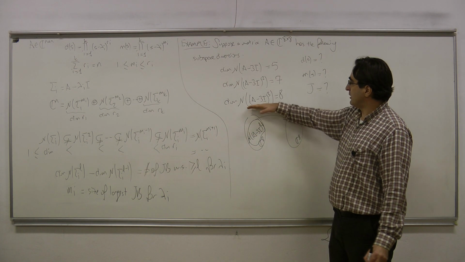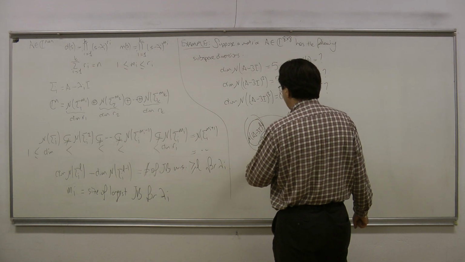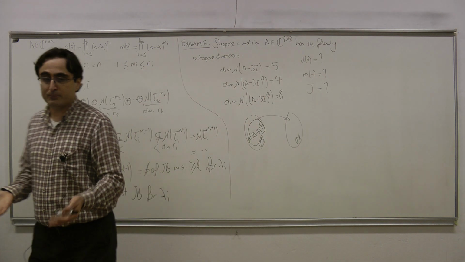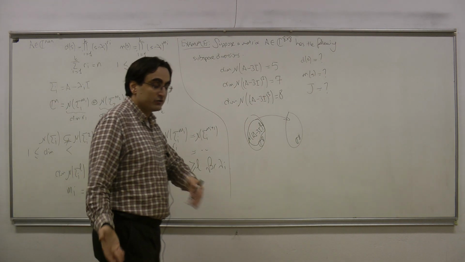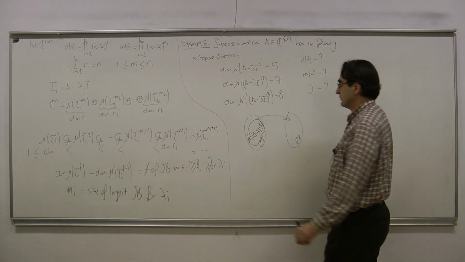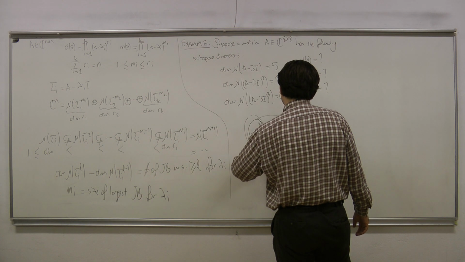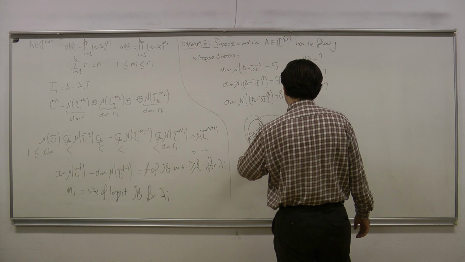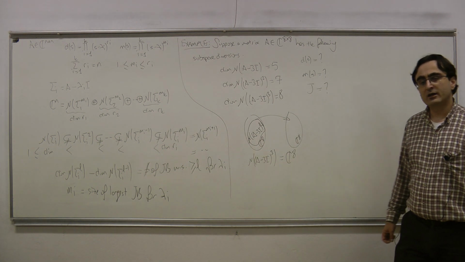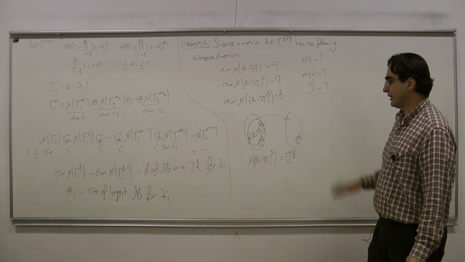Then what can you say about this null space? It has to be C^8 itself, because if you have a subspace of a space which has the same dimension as the space itself, it should be equal to the space itself. So I have the null space of (A minus 3 identity) to the power 3 equal to C^8, because its dimension is 8 and the overall space dimension is 8.